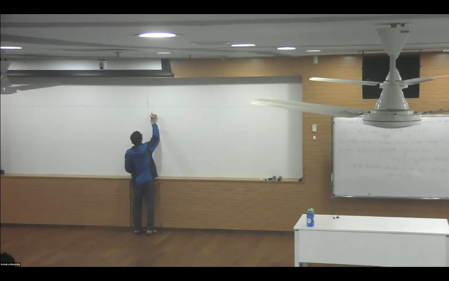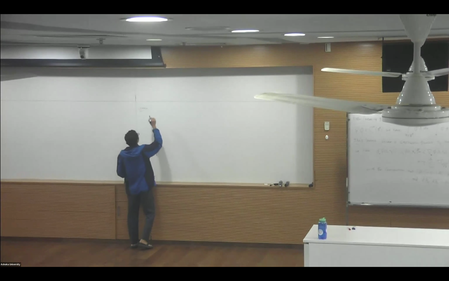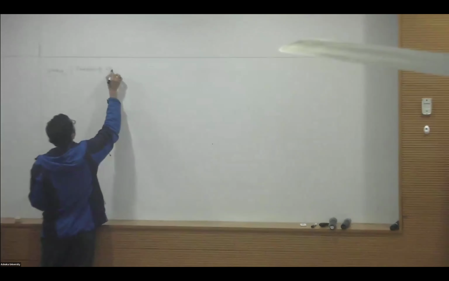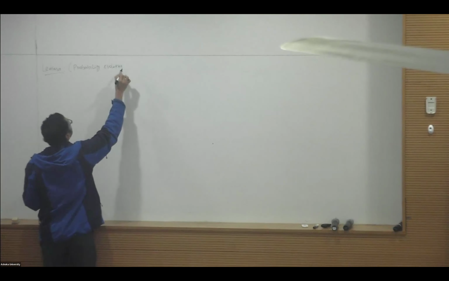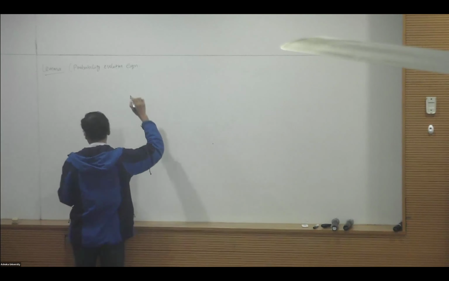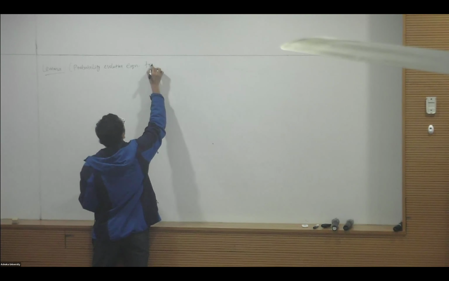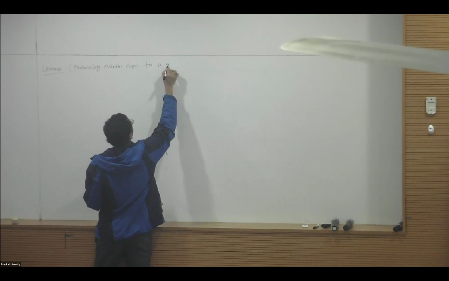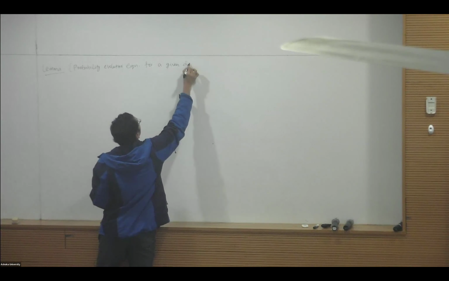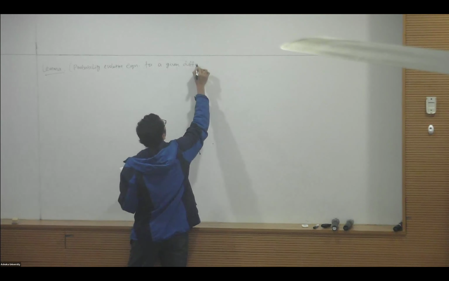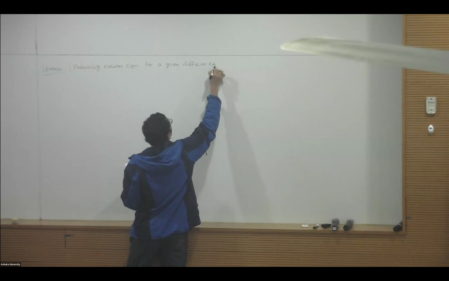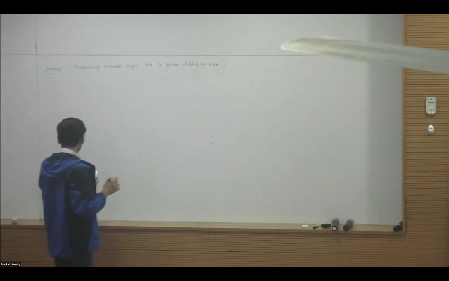Okay. So this is the first main result that we want to prove, which basically says what is the probability evolution equation for a given diffusion equation.